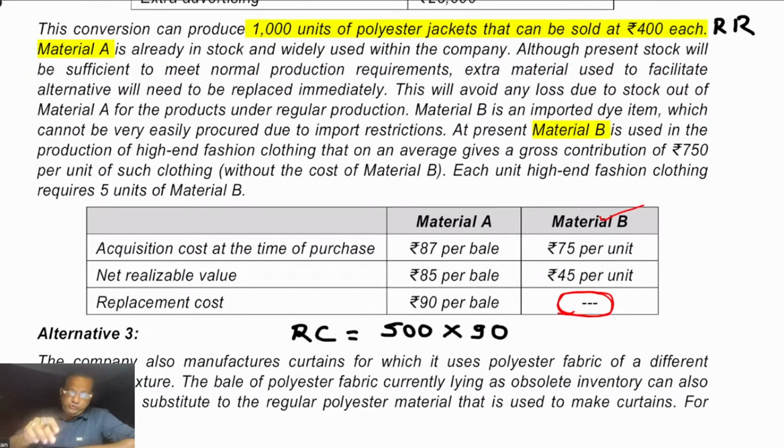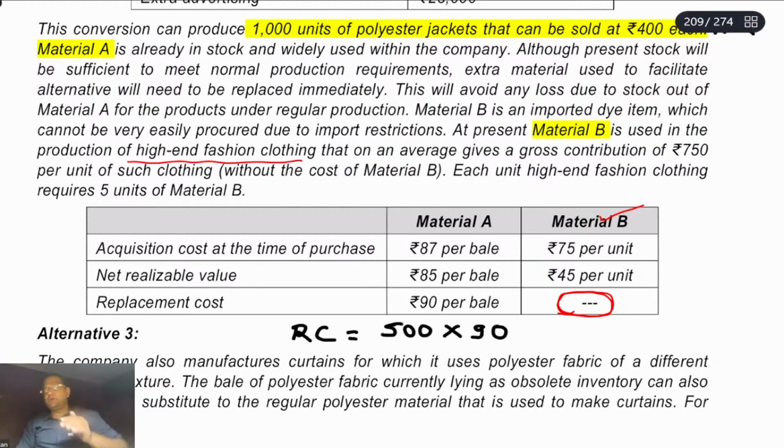It has been used in manufacturing of another product, high-end fashion clothing, and is also required in this alternate number 2, but such material is not available in the market. There is no replacement cost given.